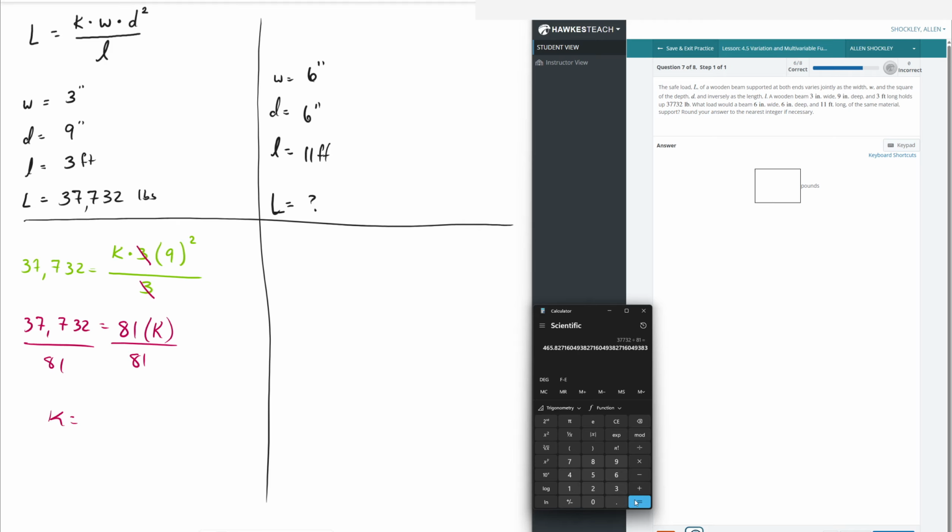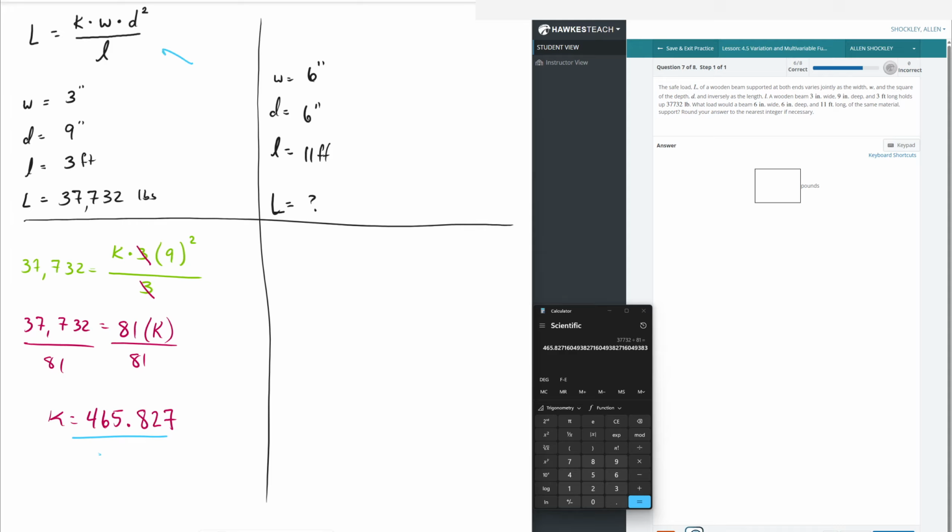Gross, we get 465.827. That's the K value.